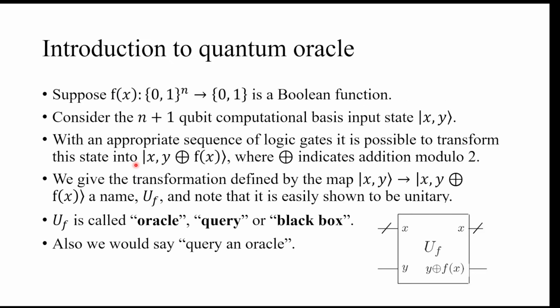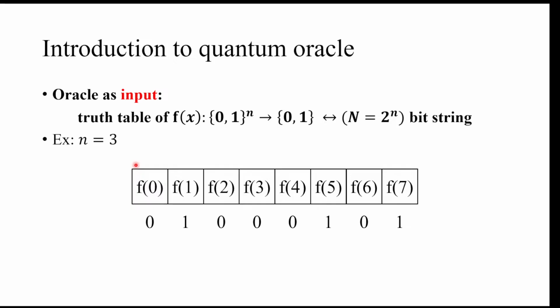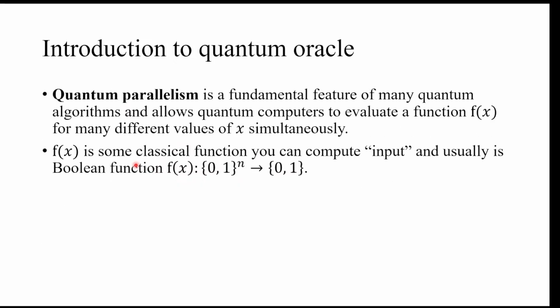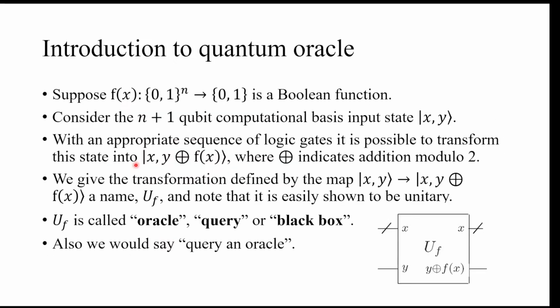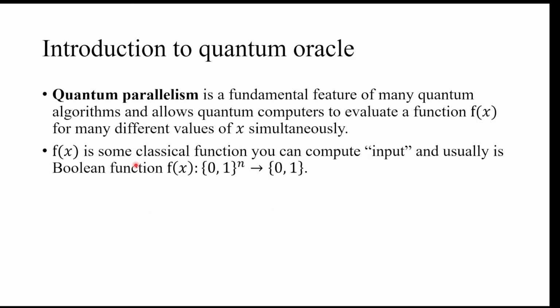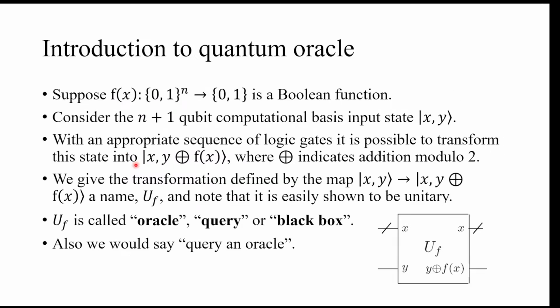An oracle is something that takes an input and computes the output. It's confusing, but we'll have a more detailed explanation after the midterm. Basically, a quantum oracle is a quantum version of the classical oracle.